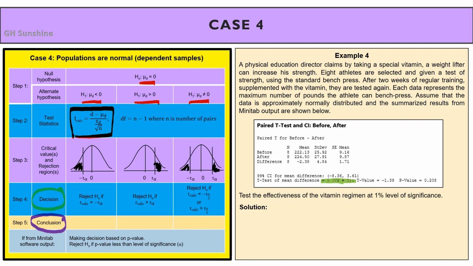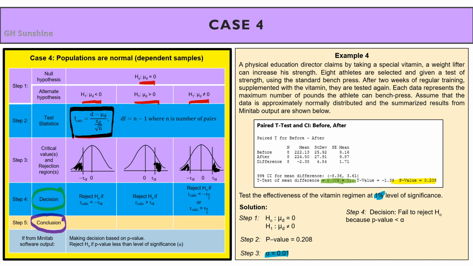So H0: mu D equals 0, H1: mu D does not equal 0. Second step, from the Minitab output, identify the p-value. The p-value is 0.208. What is the level of significance? Here, 1%, so 0.01 when you convert to decimal form.